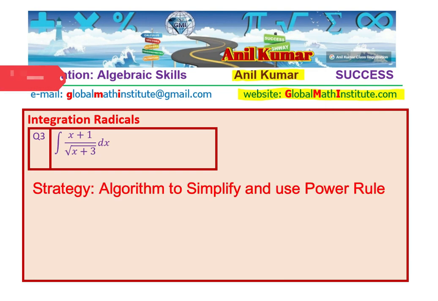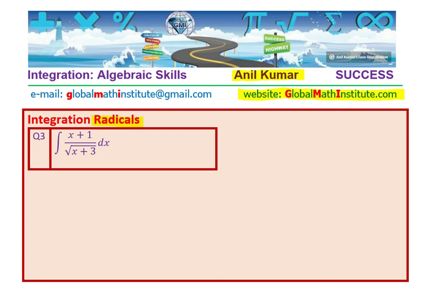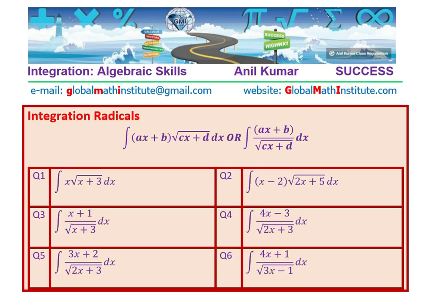In this video, we'll discuss how we do integration when radicals are involved. In this particular playlist, we have taken many examples. This is indeed question number 3, which we'll do. But we are going to solve questions 4, 5, and 6 also using this technique.